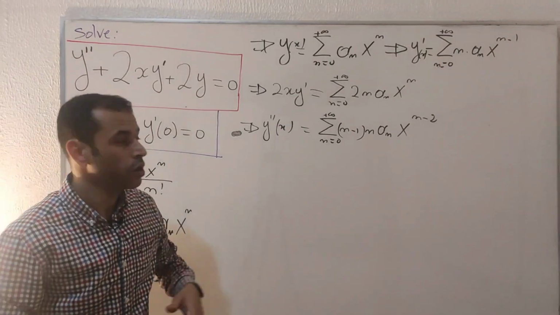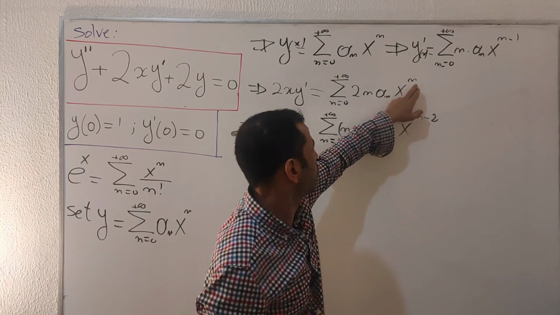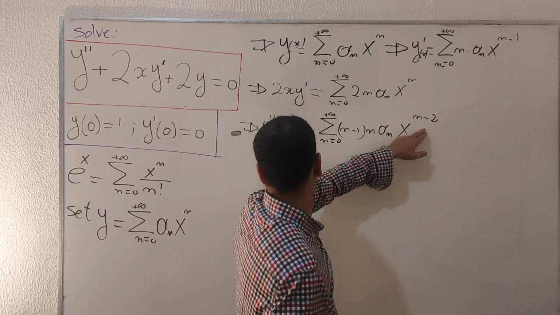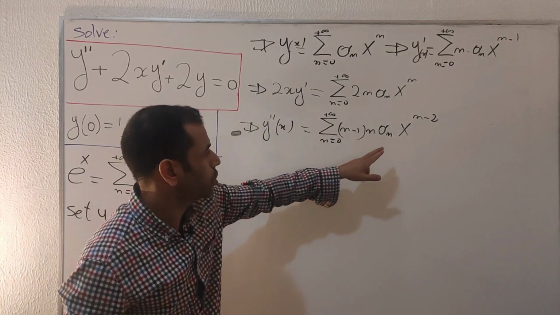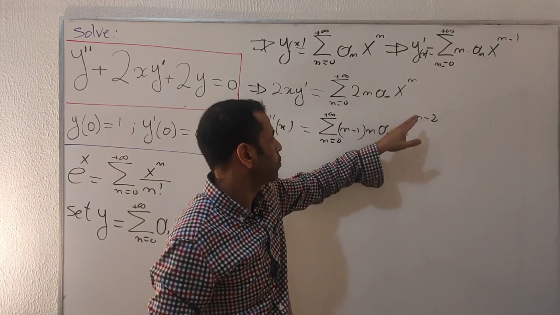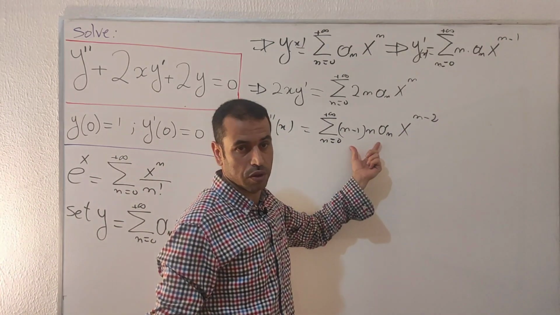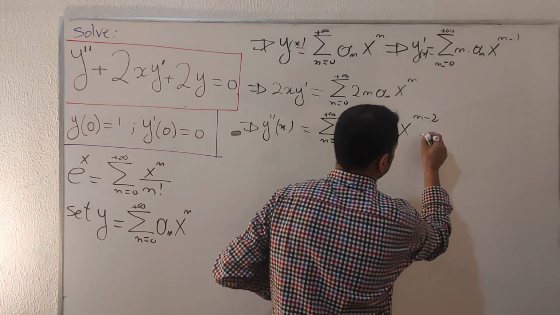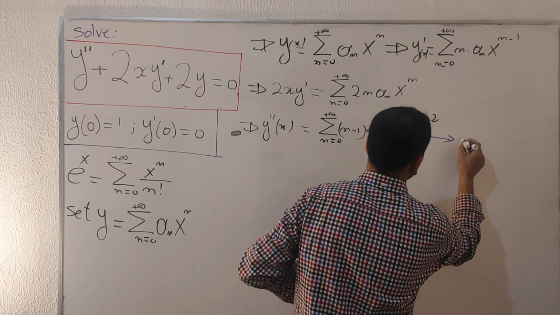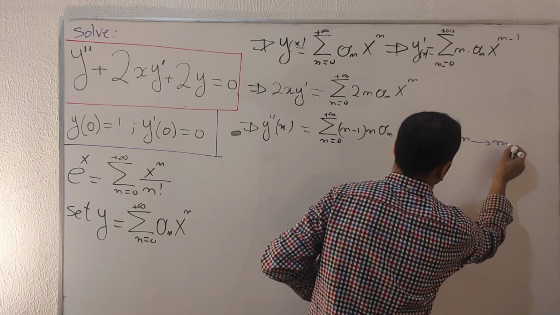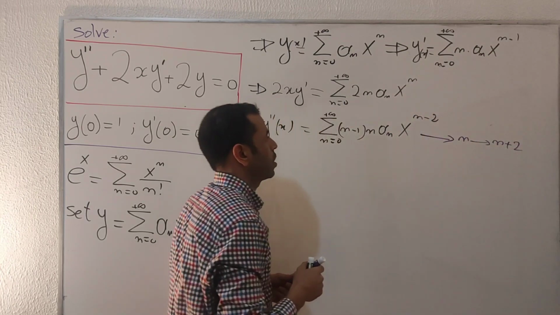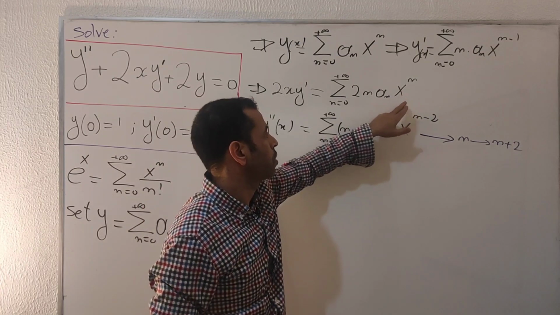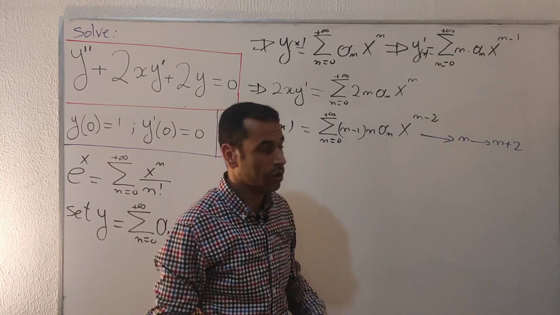Here is the thing: we have the power x to the n, and we have the power x to the n minus 2. So in order to change this power to this one, I'm going to re-index this one, changing n to n plus 2, to make x to the n a common factor.